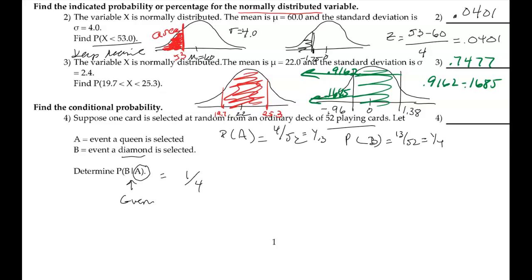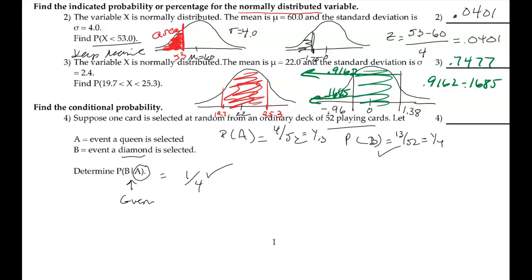1. Okay, notice the probability is the same with the condition as it is without the condition. All right, sometimes that happens and sometimes it does not happen. That is not always the case.